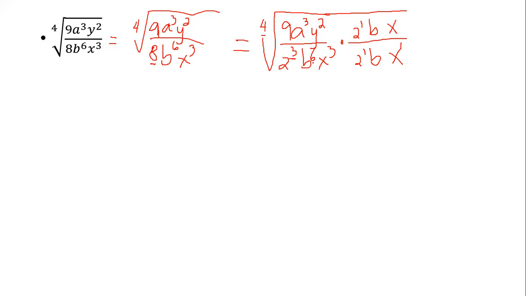Yung b, ayan, b raised to 6, mas mahigit na kaysa sa 4. Pero yung 6 po ay hindi po multiple ng 4. So, ano yung pinakamalapit? So, na multiple, we have 4. Then susunod na po ay 8. So, ilan ang kakulangan ng 6 para maabot yung 8? 2. So, 2. Lagyan natin dyan.